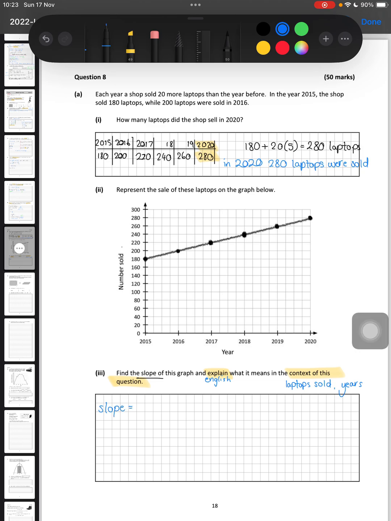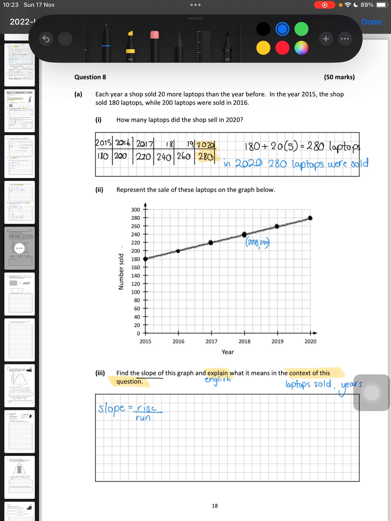You could have chosen these points and said, for example, this point here as an actual point would be 2018, and my y coordinate 240. If you do it that way, you can use our formula from our coordinate geometry stuff.